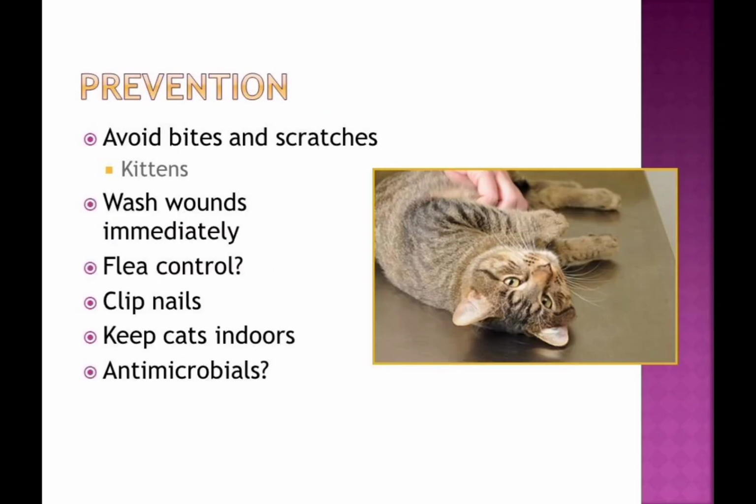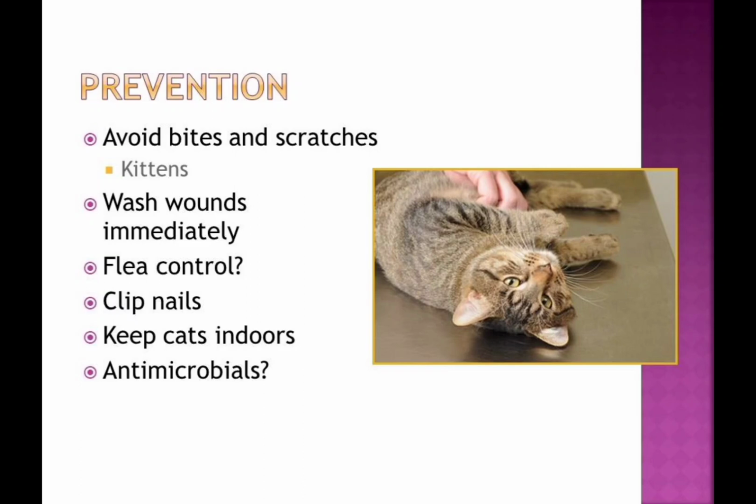Prevention depends on avoiding bites and scratches from cats, particularly kittens. Rough play with kittens should be discouraged, and any bites or scratches should immediately be washed with soap and water. Allowing cats to lick the skin, particularly open wounds, should also be discouraged.